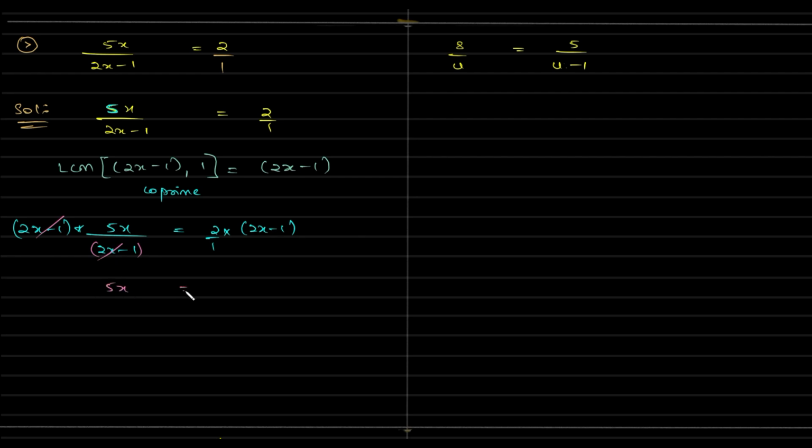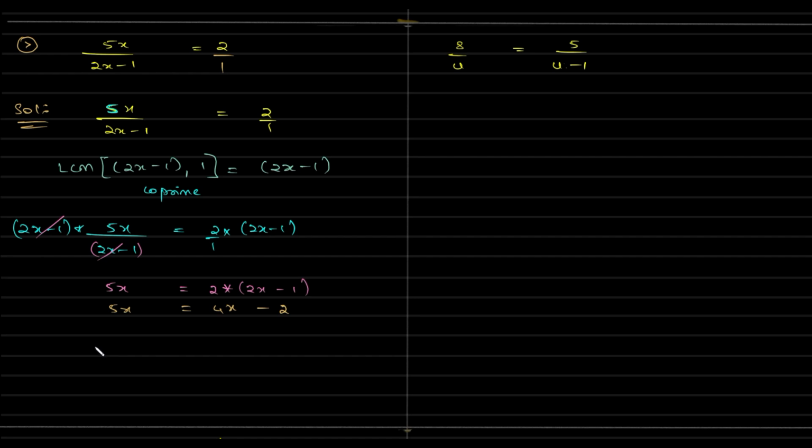So 5x is equal to 2 times 2x minus 1. So we have 5x is equal to, using the distributive property, 4x minus 2. Okay, so you have 5x is equal to 4x minus 2.